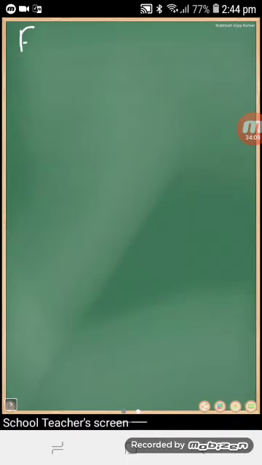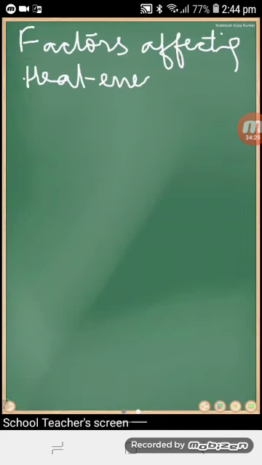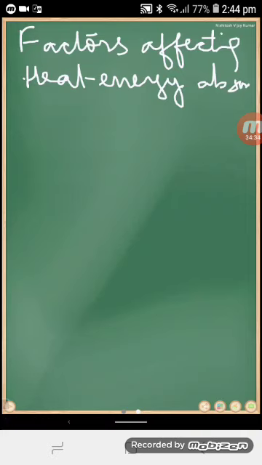That's factors affecting the quantity of heat. This chapter is basically related to the heat of a body. So now we are going to study about the factors which are affecting the quantity of heat energy absorbed or evolved, to increase the temperature. Three major factors which affect.